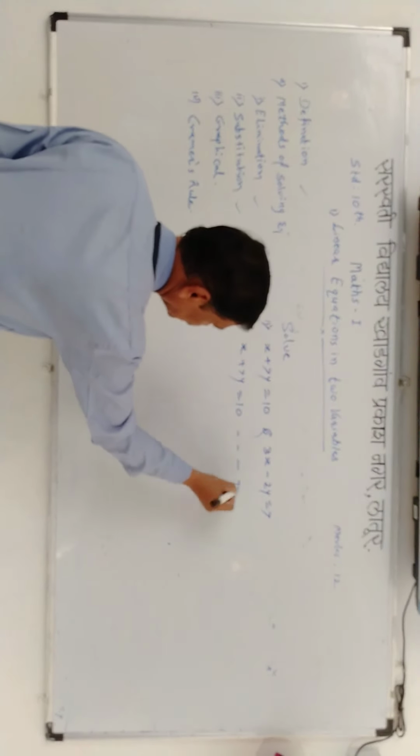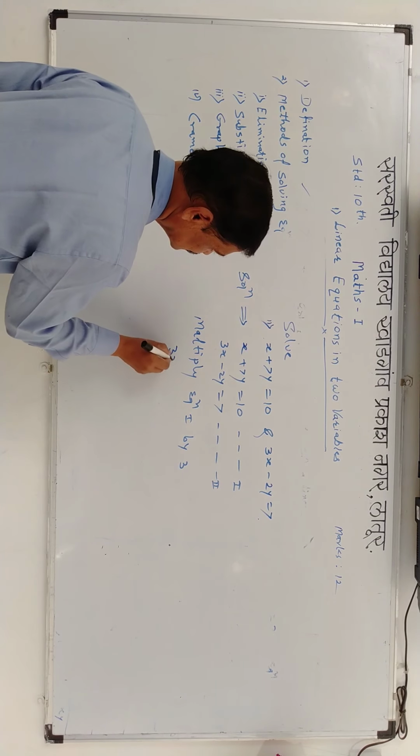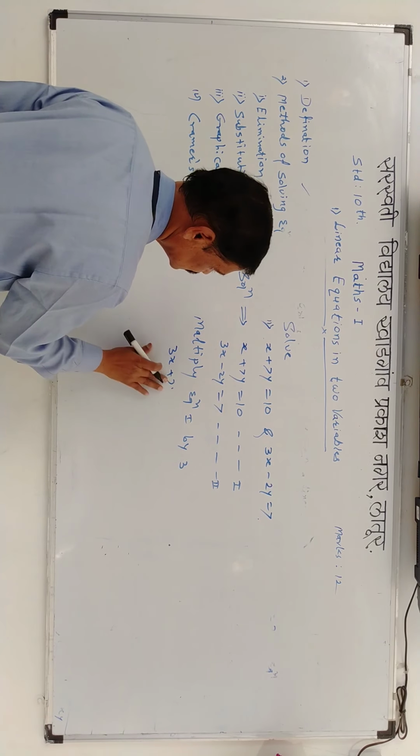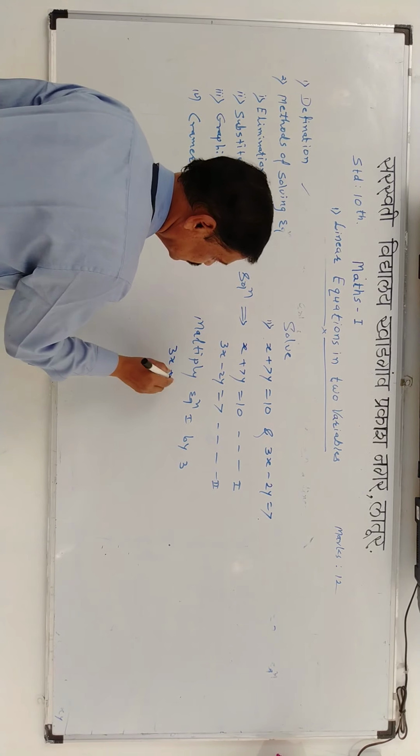It means multiply the first equation by 3. We get 3x plus 21y is equal to 30.